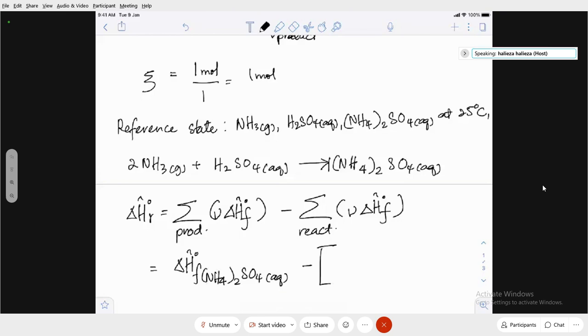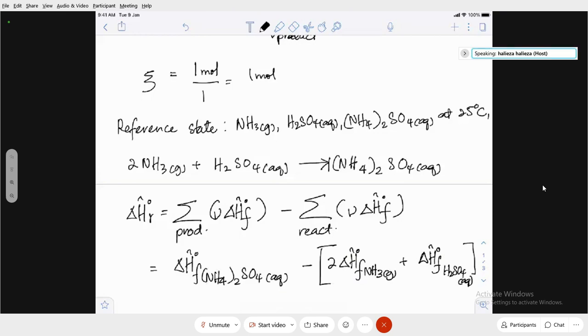There's 2 mole of ammonia gas, so that's 2 times the heat of formation of ammonia gas. You can get that directly from appendix B1. Plus the heat of formation of sulfuric acid; the coefficient in front of it is 1, so I'm not going to write 1 there. I'm going to straight away write the heat of formation of my sulfuric acid aqueous.